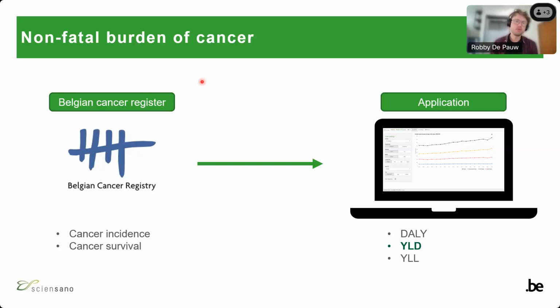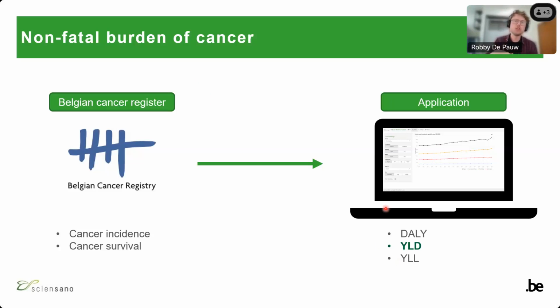And the main idea is, of course, to have these estimates all available, and we're quite proud of this, that we are always able to present our results in some kind of online application that is easily accessible for everyone. And also for this project, we have an online application where you can explore these YLD-related estimates for the burden of cancer in Belgium.